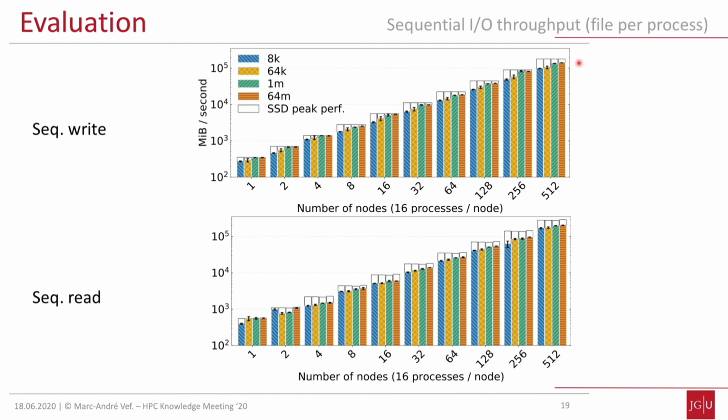To give you a number here, for 512 nodes, we have 140 gigabytes per second in write speed, which is about 80% of the bandwidth that we get through the SSDs that we have. And for read, we have around 200 gigabytes per second, which is about 70% of the bandwidth available through the SSDs.